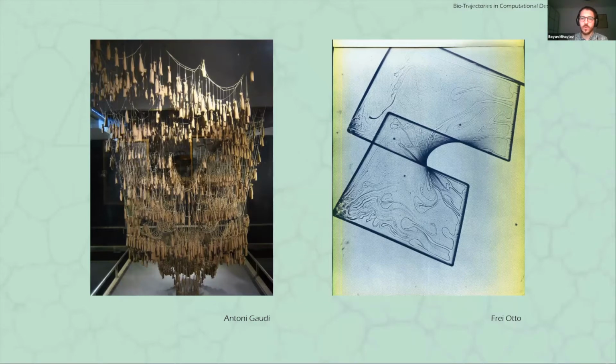Such approaches were already known from Antoni Gaudi's experiments with the hanging chains for Sagrada Familia, but these approaches were also very much the focus of the German engineer Frei Otto, especially in his exploration of self-organizing material systems such as soap bubbles or weaving systems of threads and others.